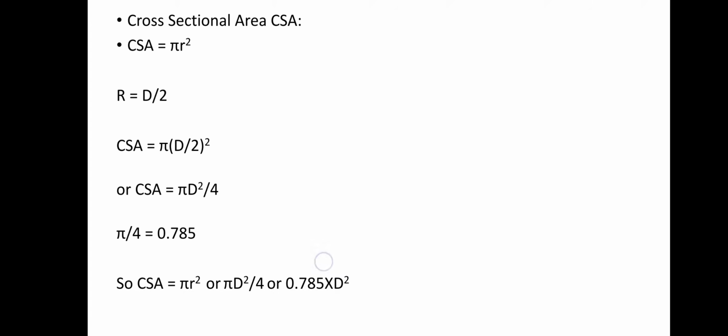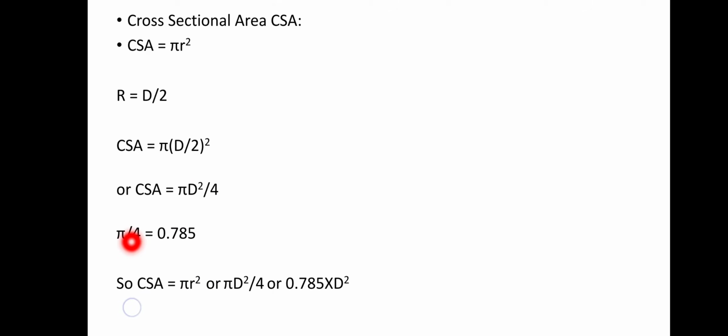This is summarized. How can we calculate the cross-sectional area? The cross-sectional area formula is pi r squared, and we all know that radius is equal to half of the diameter, so d by 2. If we put this value in place of r, that makes pi times (d by 2) whole squared. That makes it pi d squared over 4.